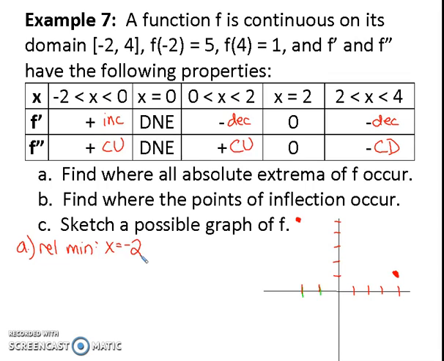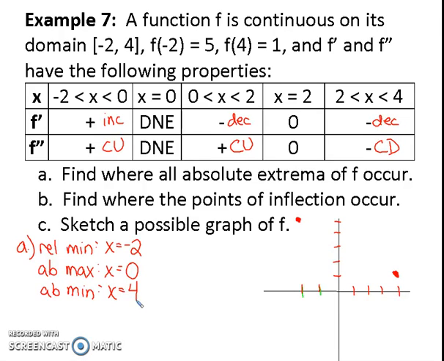Then I increase to where x is 0, so x equals 0 is the absolute maximum, because we never increase again after that point. I don't have a y value to include, so all I can say is that it occurs at x equals 0. Then I continue to decrease from 0 to 4, so that makes (4, 1) an absolute minimum.